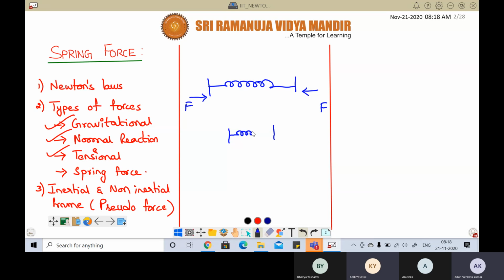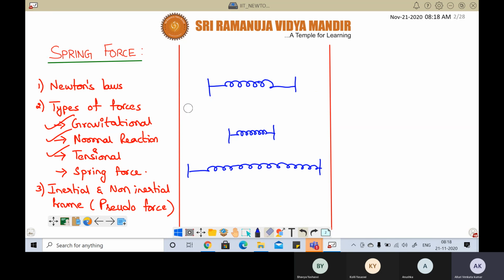It would get compressed. If I reverse the direction, it would expand, or elongate, correct or not?